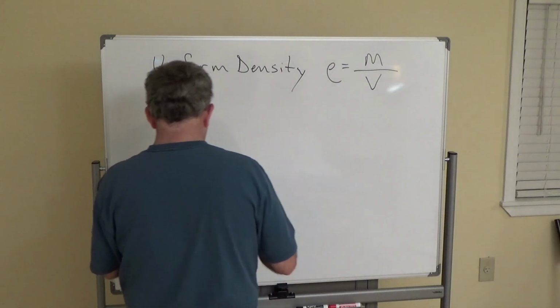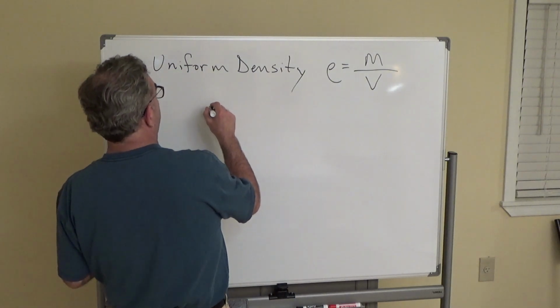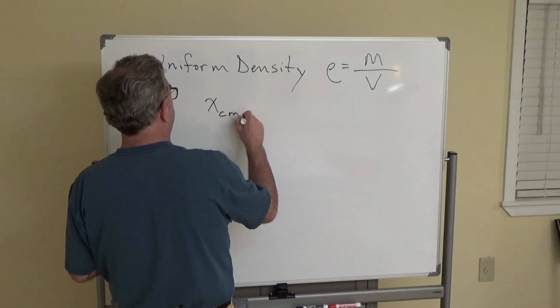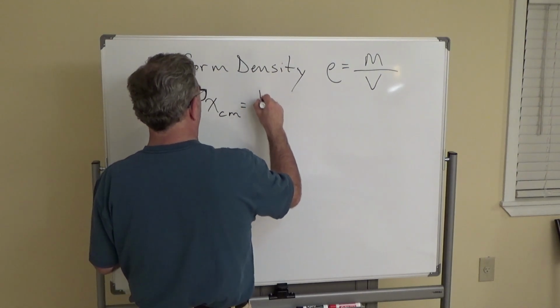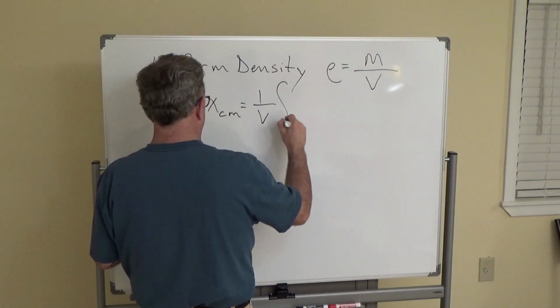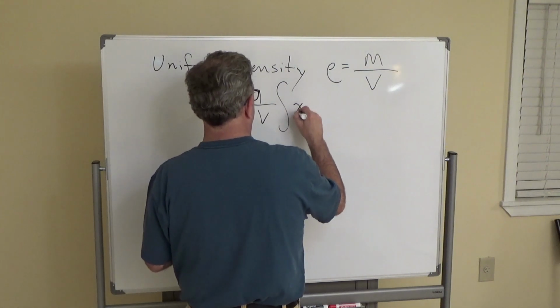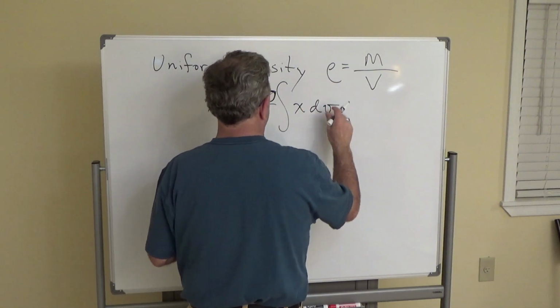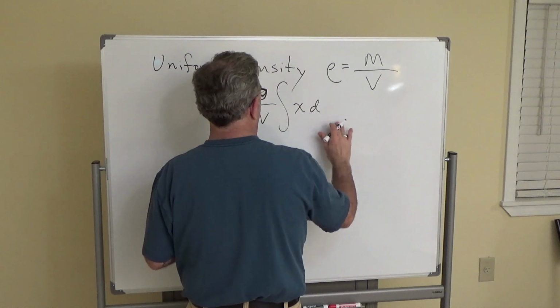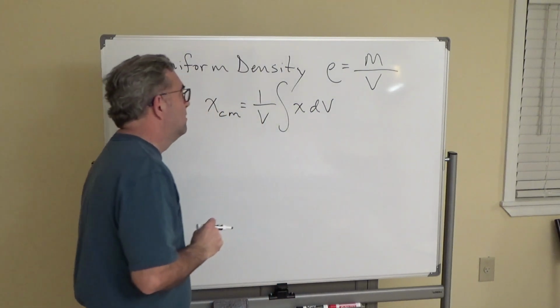So in that case, you get x center of mass is equal to 1 over V times the integral of x dV. Let me write it. That looks like velocity. dV, okay?